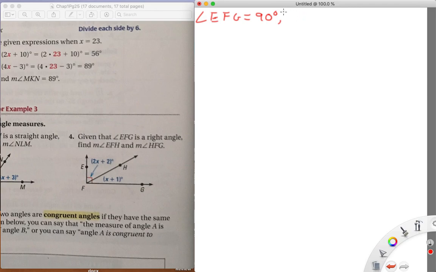I know that angle EFG is equal to angle EFH plus angle GFH.